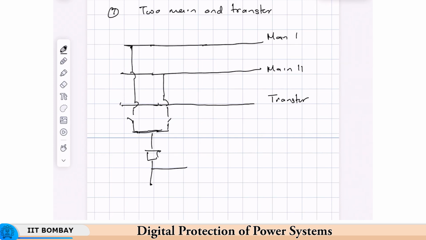Now, in addition to that, there will be a bypass isolator. There is a different scheme like that, but I will just rub this out. Let us not confuse issues.